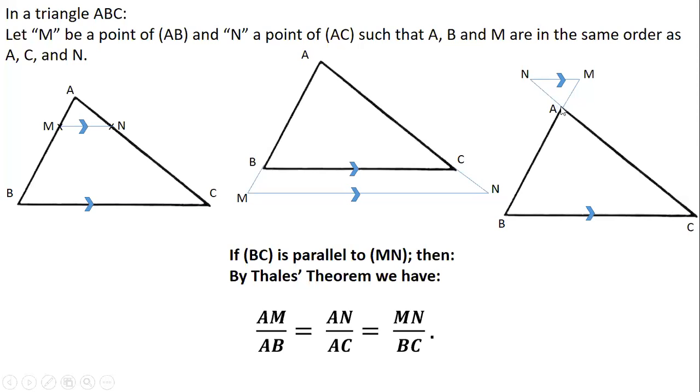So again: AB over AM, the second ratio is equal to AC over AN, the third ratio BC over MN. Or, Fadil, you can start another way: AM over AB, the second ratio will be AN over AC, the third ratio will be MN over BC. So if I start with the small ratio, the second and third ratios should start with the small one also. Okay, Fadil?